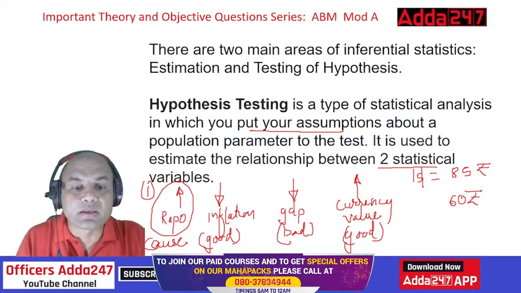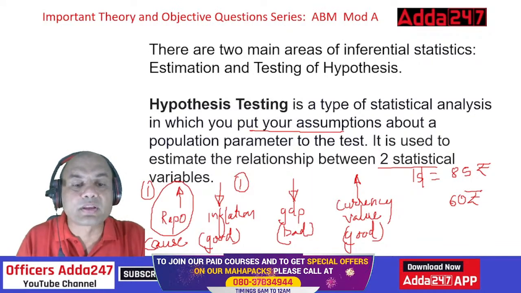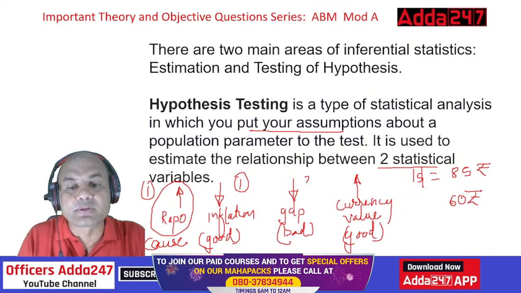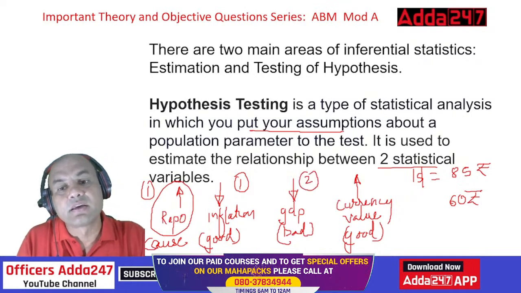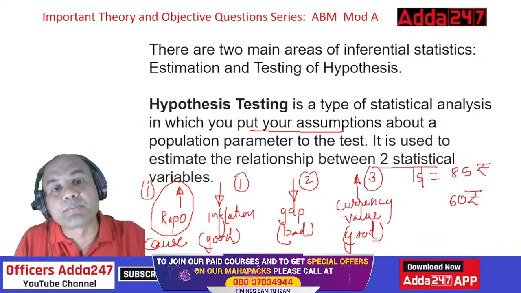What will happen if the repo goes up for inflation, 1:1, I'll do it. What will happen if repo goes up to GDP, 1:2, I'll check it. 1:3, I'll check it. Each will be checked separately.